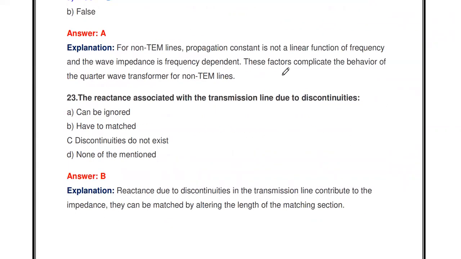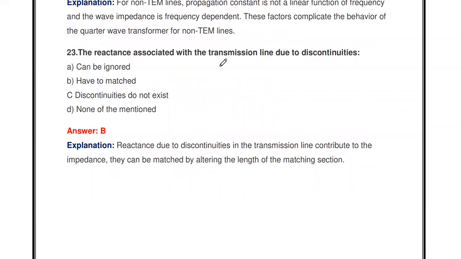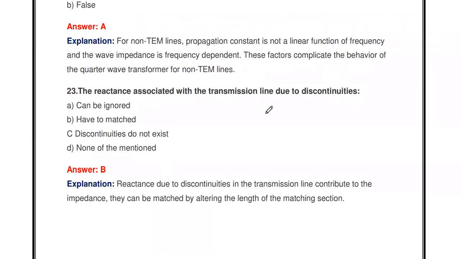The next thing, the reactance associated with the transmission line due to the discontinuities can be ignored, have to be matched, or discontinuities do not exist, none of the mentioned. The reactance associated with the transmission line due to the discontinuities has to be matched.